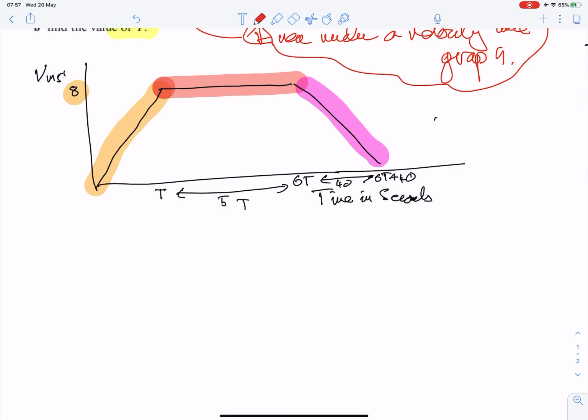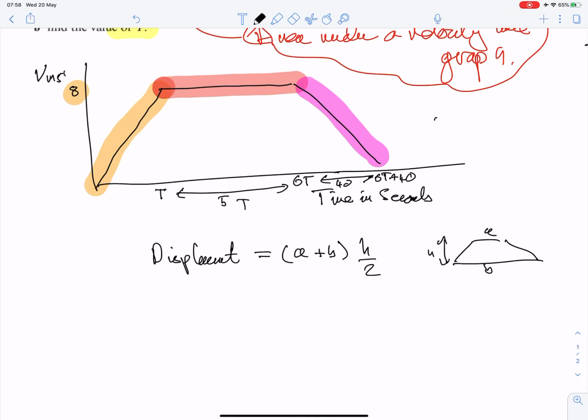So, displacement. Identify the shape. Well, again, it's a trapezium, so we know it's a plus b times h over 2. So that's the a, that's the b, and that's the h, the perpendicular distance between the parallel sides.